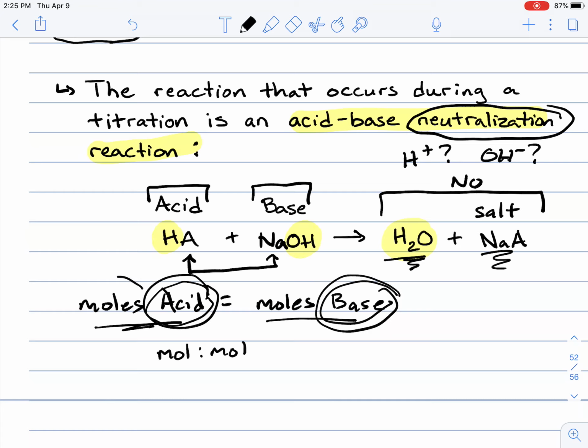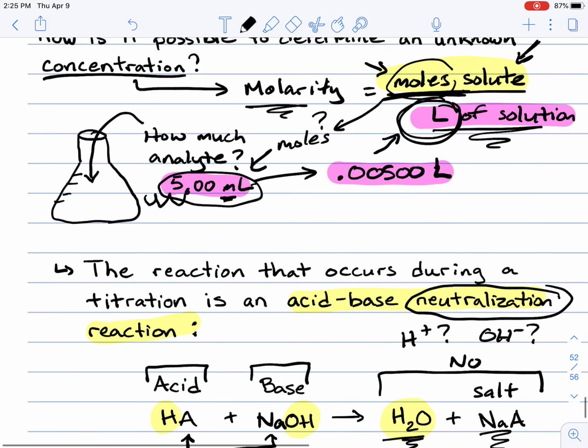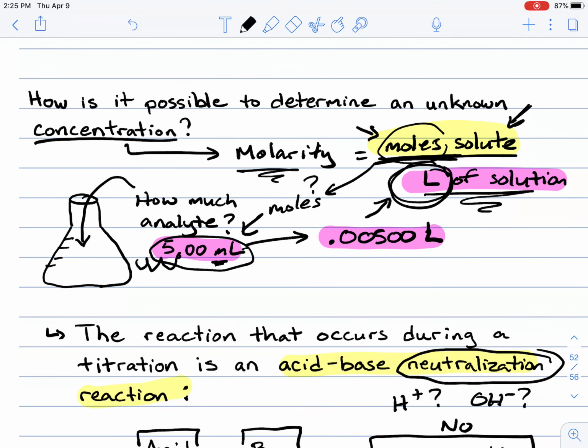But the main idea is that we're able to determine the moles of the substance, and we're going to use that value and plug it into the numerator. And then once you have the moles of the solute, whether it be an acid or a base, you just divide it by the total volume that you initially used, and that's going to give you the concentration or the molarity of this solution.